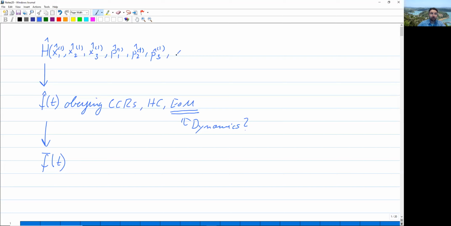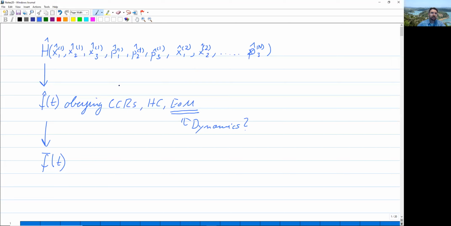And then for the second particle, again, 6 different canonical observables. So we would have the x1 direction operator for the second particle, and so on. There could be plenty of those, and eventually we have, let's say, the momentum operator of the nth particle in the third direction. So lots of operator valued functions of time if we have plenty of particles in our system.